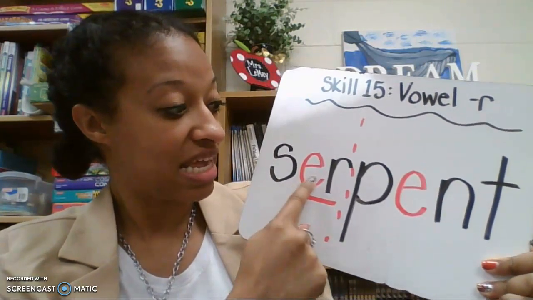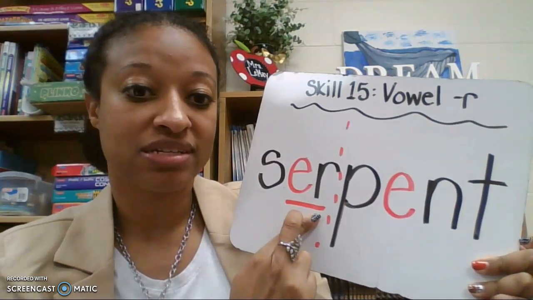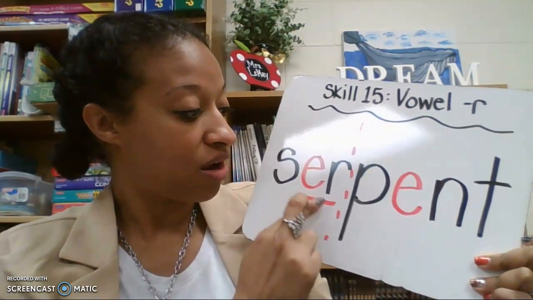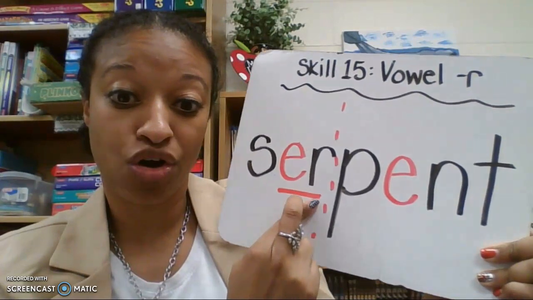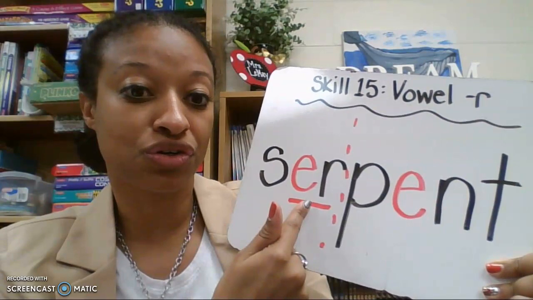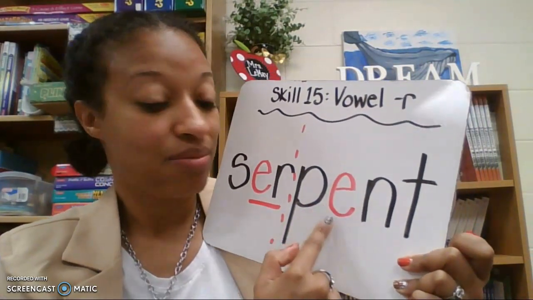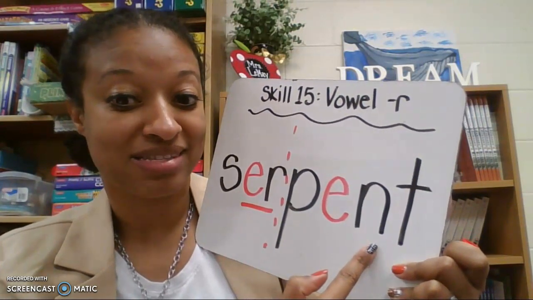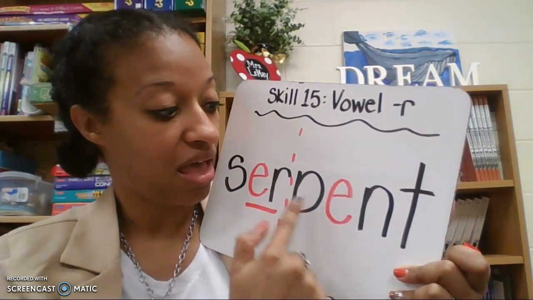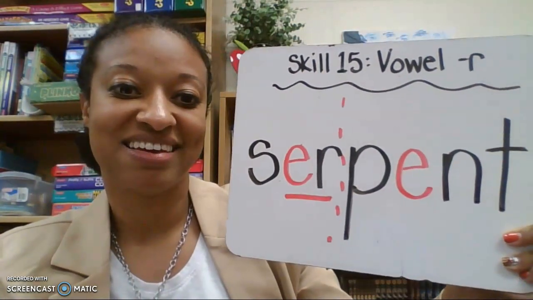You see the ER, it's a vowel plus an R. ER makes the sound, so in this syllable, it says sir. Then we'll be able to figure out the rest of it because this is closed, because the vowel is closed in by consonants. There's an N after it. Ent, whole word, serpent.